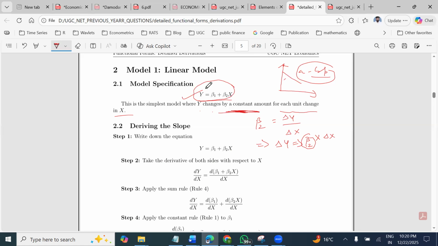Again, here the units are something which is not shown. If x has whatever unit and y has a different unit, can you tell me whether there will be any impact on beta 2? What is your take? Let's say y is GDP and x is inflation. It might not be a perfect example, but let's say so.